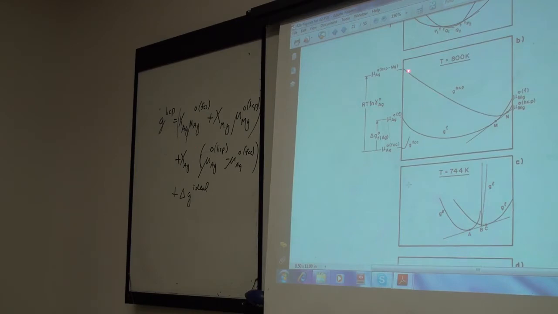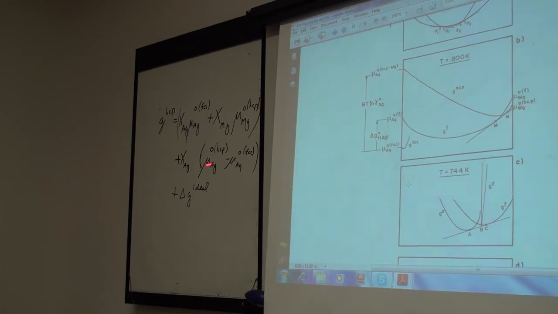The equation of this curve here is X silver, chemical potential of silver in HCP, plus X magnesium, chemical potential of magnesium in HCP, plus the ideal mixing term, and this term X silver mu silver FCC is added here, and the same term comes off over here. So that's just an ideal mixing curve between this point and this point, but I've written this mu silver, where this distance here is this distance here. So not C, forget C.